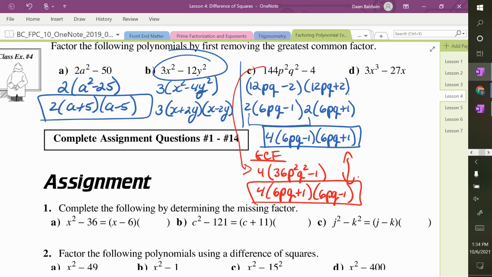D. Is there a common factor? 3 and an x. So you get x squared minus 9, which turns into?